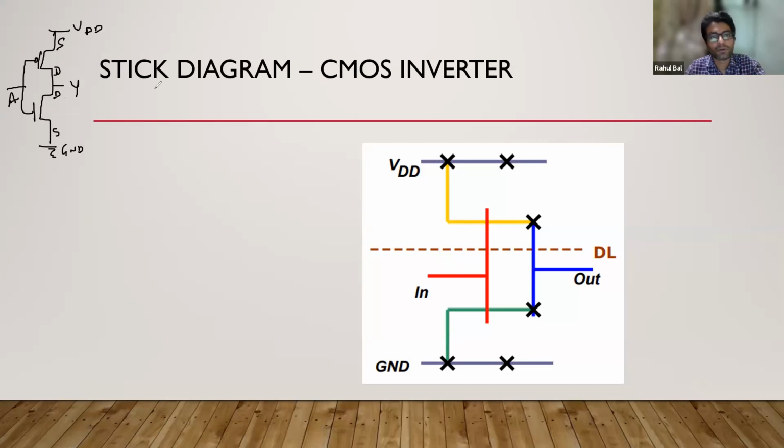Now you have to draw two lines. First for VDD, then for ground, then for diffusion, yellow for N diffusion, sorry, it will be P diffusion because this is PMOS, and here the green color.